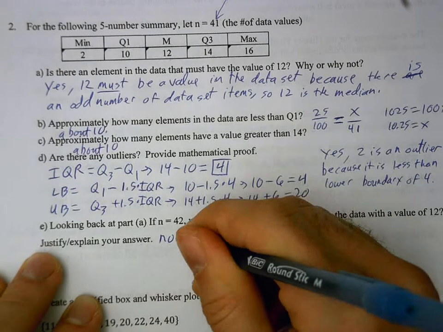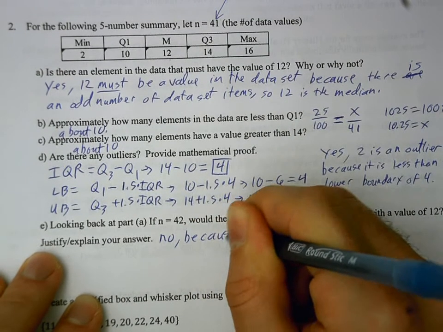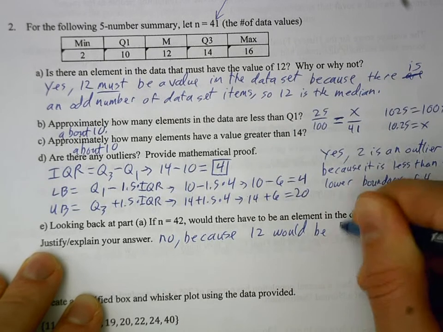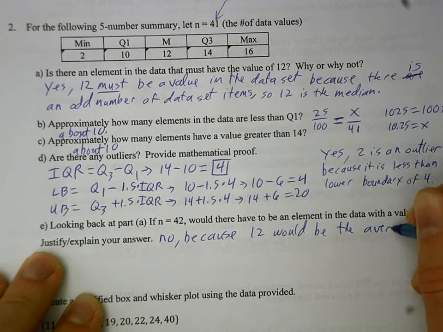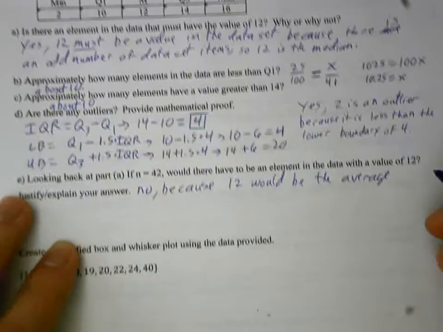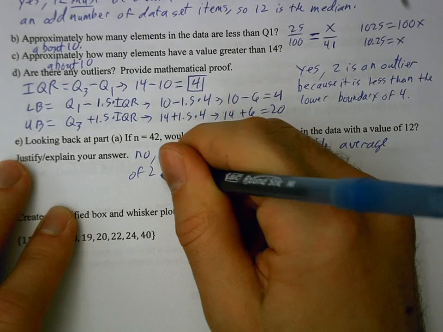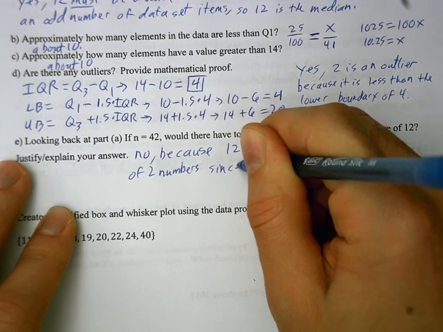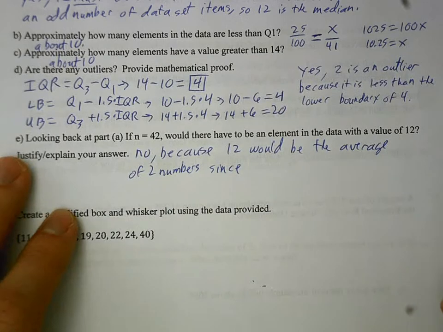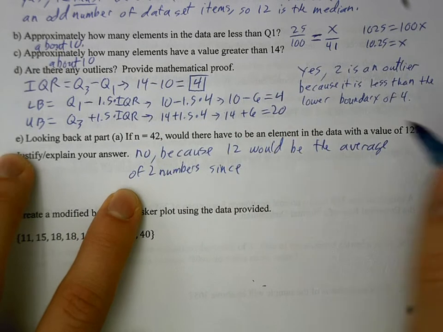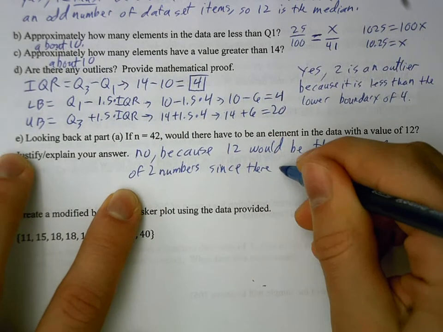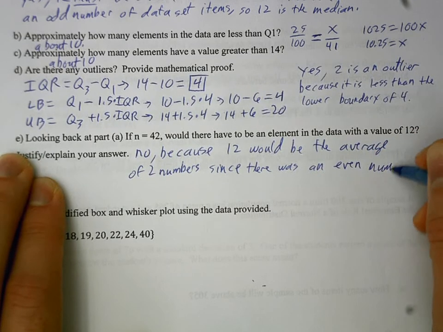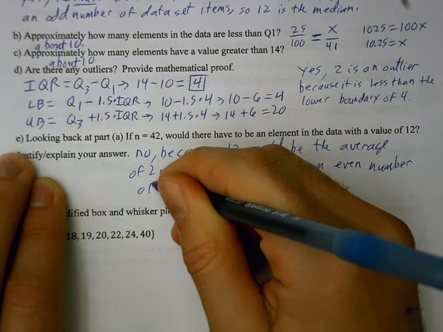No, because 12 would be the average of two numbers. Since there was an even number of data values.